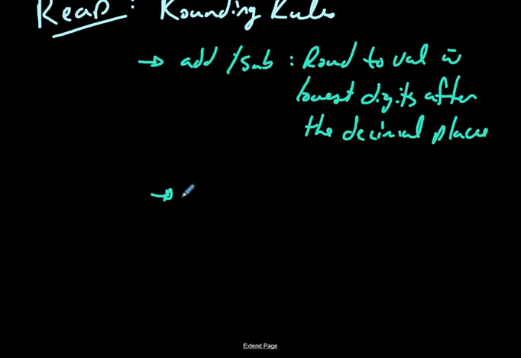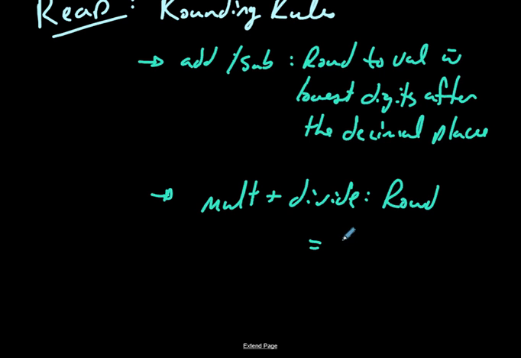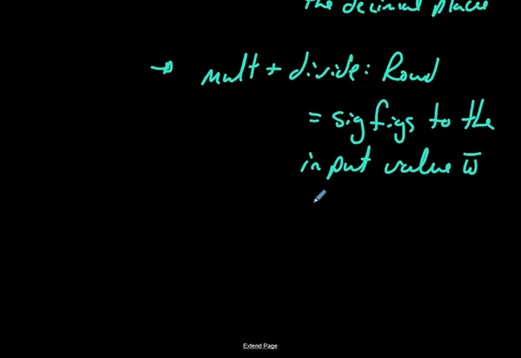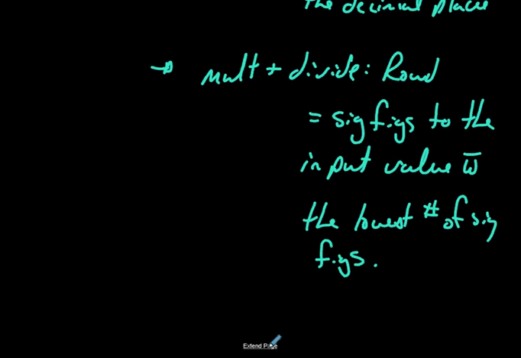And when you're multiplying and dividing, round so that your answer has an equal number of sig digits or sig figs to the input value with the lowest number of sig figs. I'll just do 2 more quick examples here.